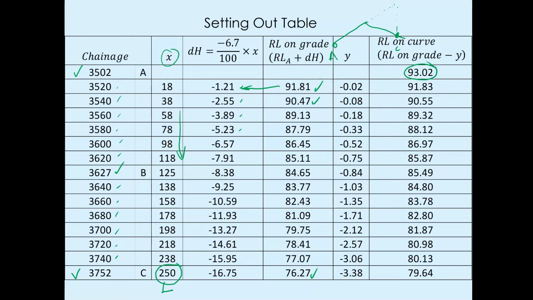When we talk about the DH, let me change to another color. I'm going to use red again now. If I draw a horizontal like that, we say DH is that distance there.